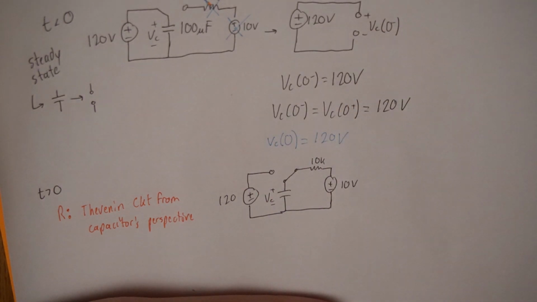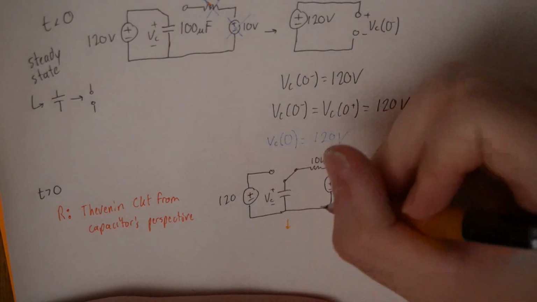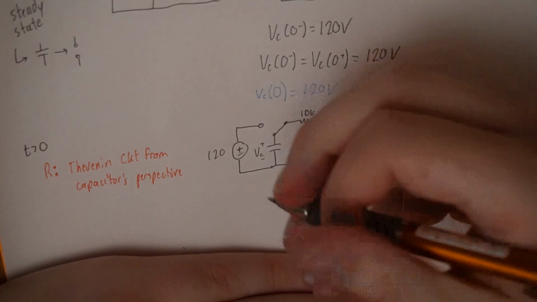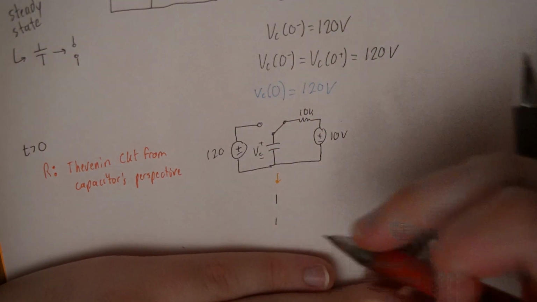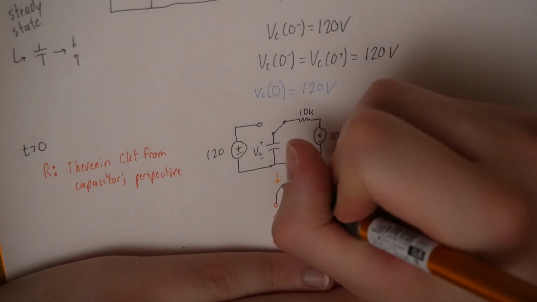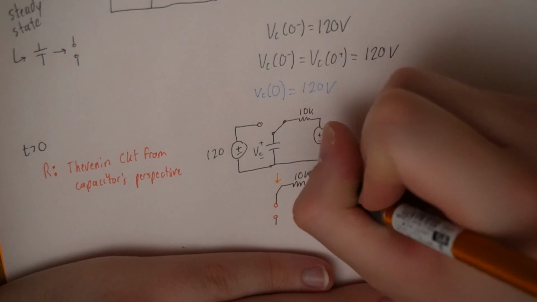Okay, now what do I mean by take the Thevenin circuit from the capacitor's perspective? So I'm going to open up the capacitor. The capacitor will become just an open circuit. I still have the 10K resistor.